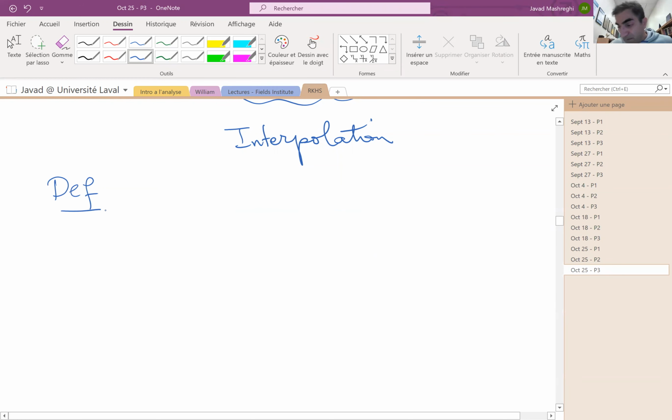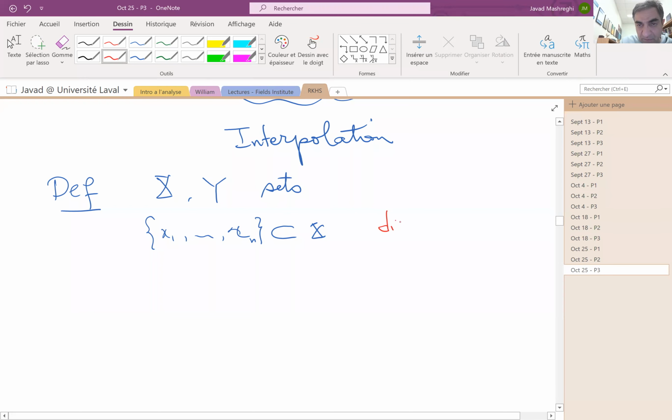Definition. Here, X and Y are sets. x1 up to xn are elements in X, and it's very important to keep in mind all the time that they are distinct. y1 up to yn are elements of Y, not necessarily distinct.